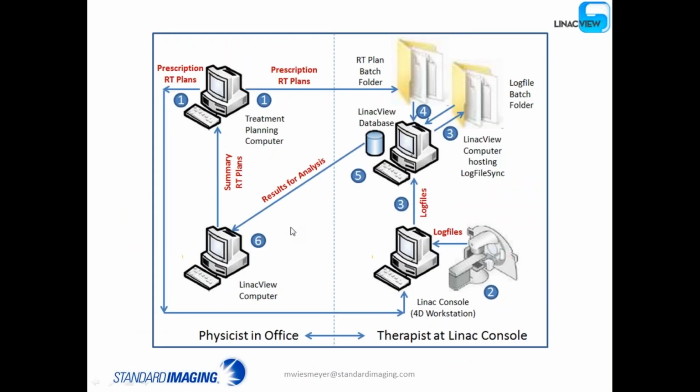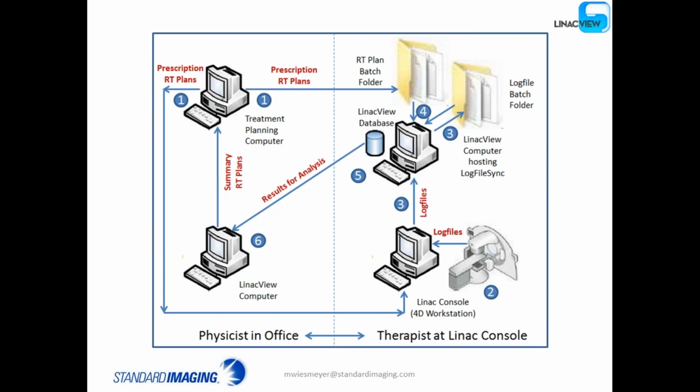Okay, so it's a kind of complicated drawing, but essentially it shows the workflow that happens. We create an RT plan. Typically that RT plan without LinacView would go directly to the treatment console and/or the R&V system, and you basically do your treatment.